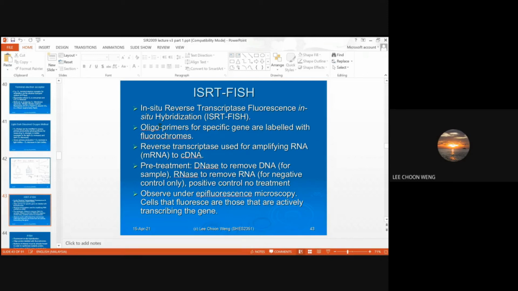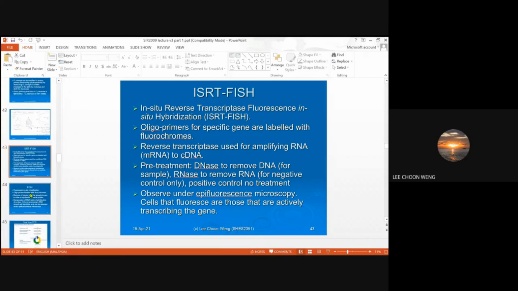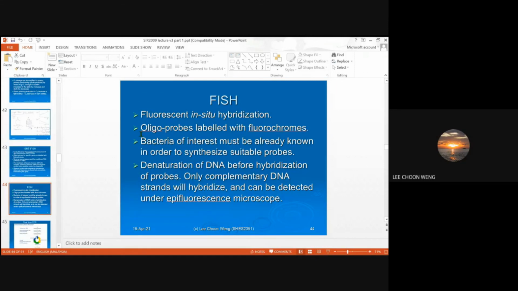So sometimes when you look at the bacteria, you know that we can do direct counting of the bacteria, and if you use oligoprobes labeled with fluorochromes for specific bacteria, then you are able to determine the different types of bacteria within your sample.